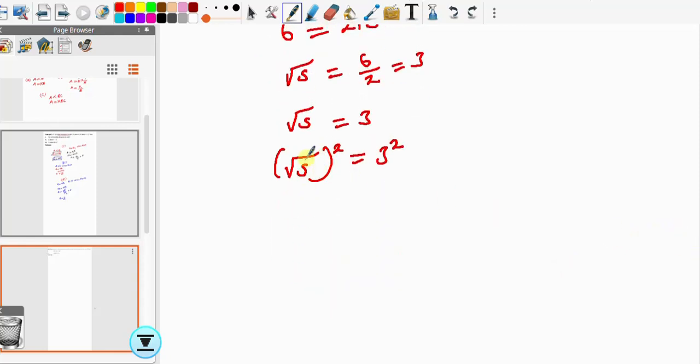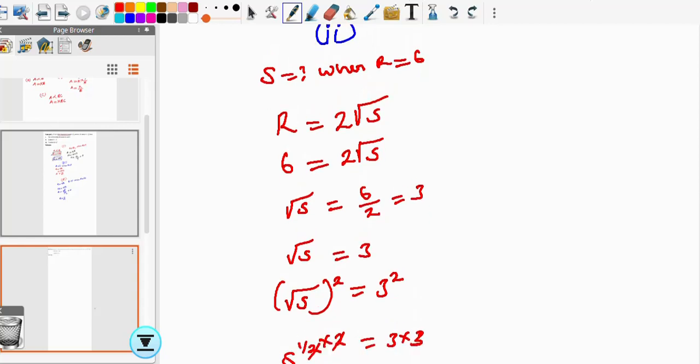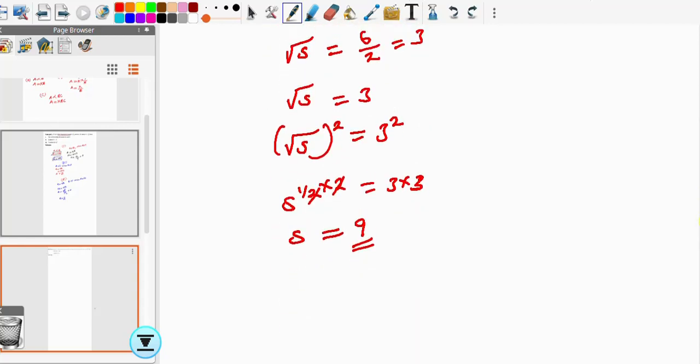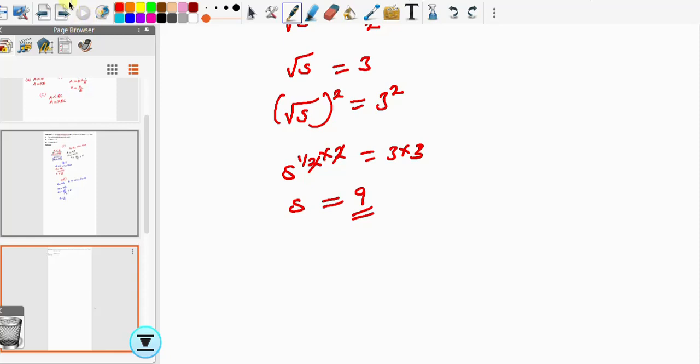Now, the square root of x squared is the same thing as x raised to power half multiplying 2, which is equal to 3 times 3. Alright, here we cancel this. So we have our x now as equal 3 times 3 to give you 9. So this will be the answer when r equals 6, x equal to 9. So this is the answer for that.